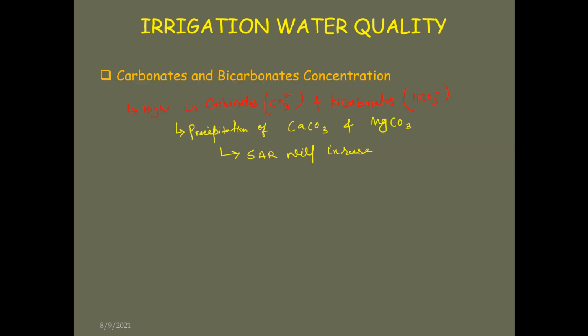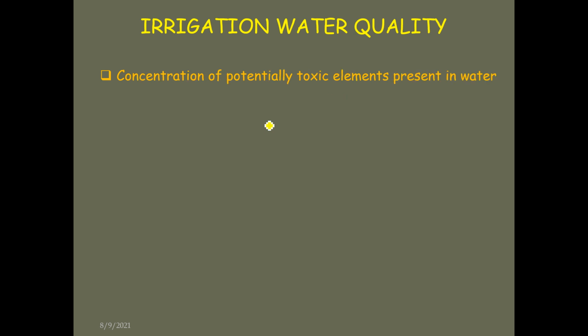So that was about carbonates and bicarbonate concentration. Now, the concentration of potentially toxic elements present in water. There are some elements which should be present in water, but within the permissible limit. If they exceed the permissible limit, then what happens? They start creating problems for the plants, and plant growth can be affected.